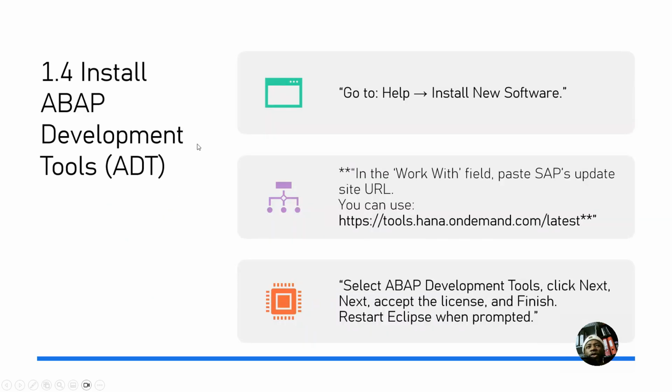The next thing we need to do now is to install the ABAP development tools, and these are the steps. We need to go to the Help menu, and then enter this URL, and we follow the prompt, and we finish up with the installation of the ADT on our Eclipse. So I'll proceed to do that now.